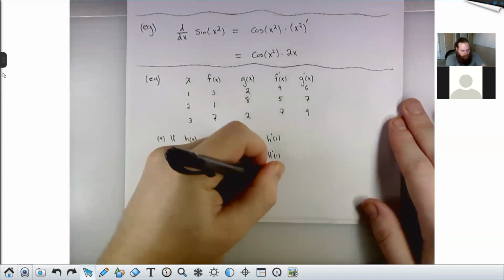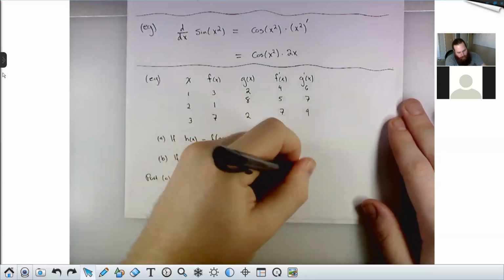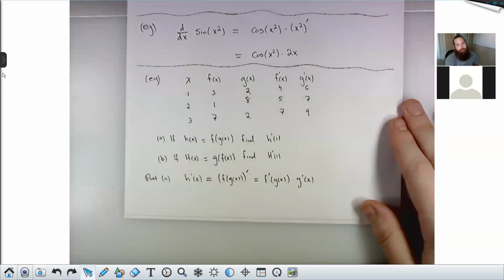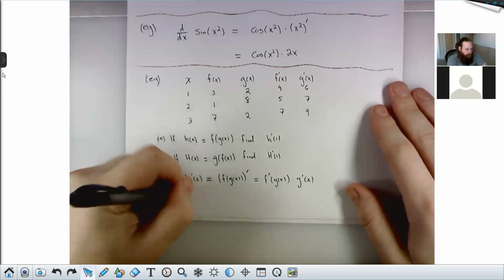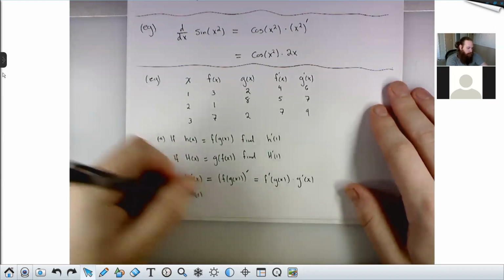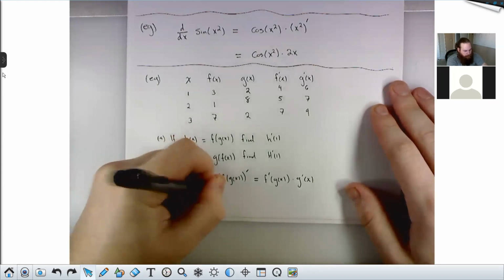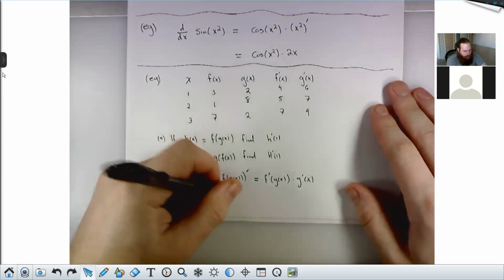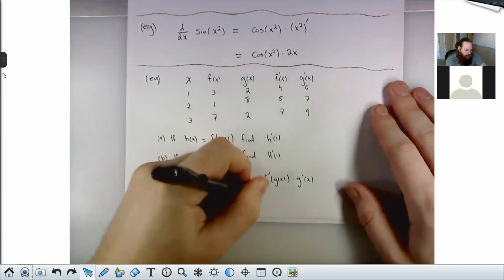That's f primed of g of x times g primed of x. So what I was asked for was little h primed of 1. So I just plug 1 in for x everywhere. That means this will be f primed of g of 1 times g primed of 1.